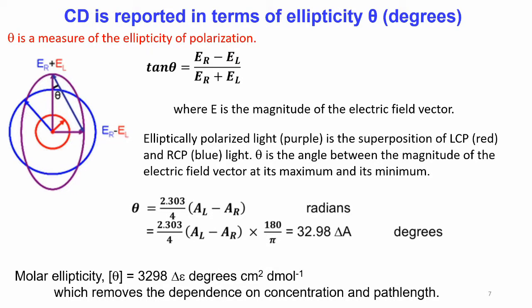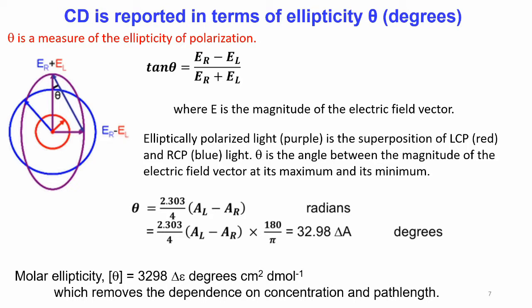Circular dichroism is often reported in terms of ellipticity degrees. If you think about left circularly polarized light in this diagram as red color and the right circularly polarized light as blue color, because of the differential absorbance of one or the other, you have a resultant ellipse. Theta, the ellipticity angle, is basically the angle between the major axis of this ellipse and the line joining the major and minor axis.